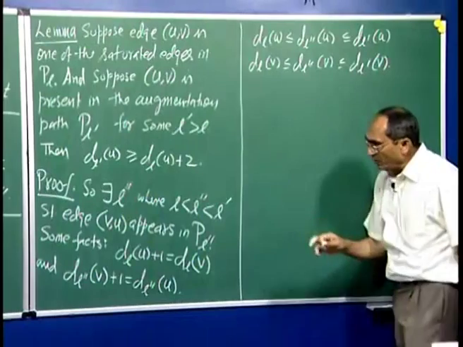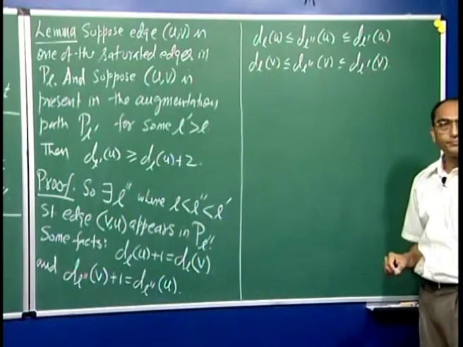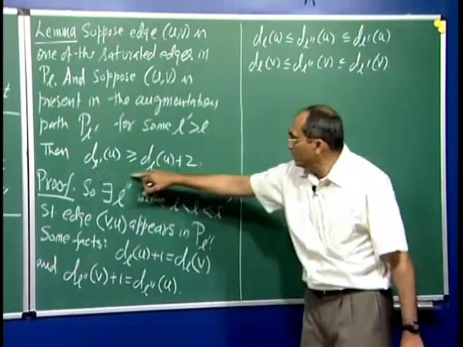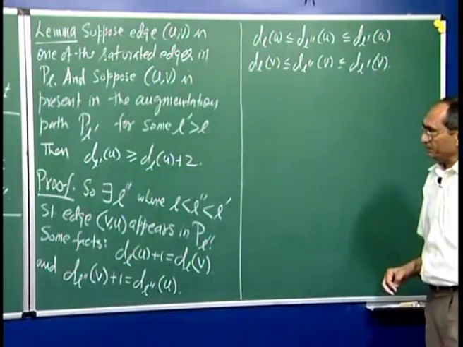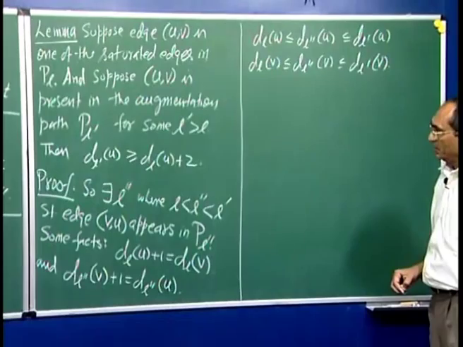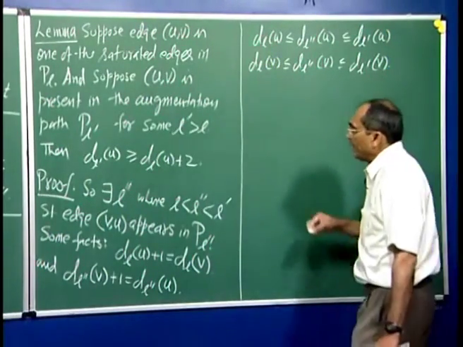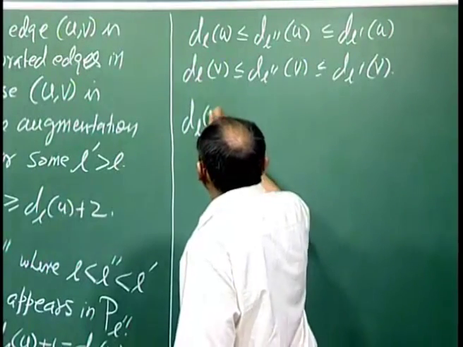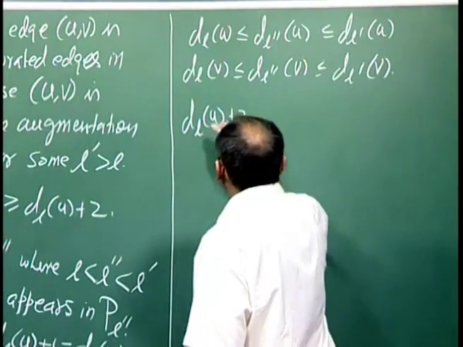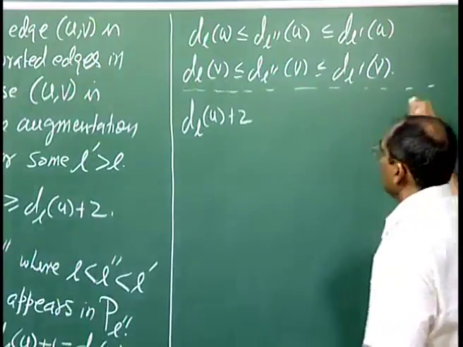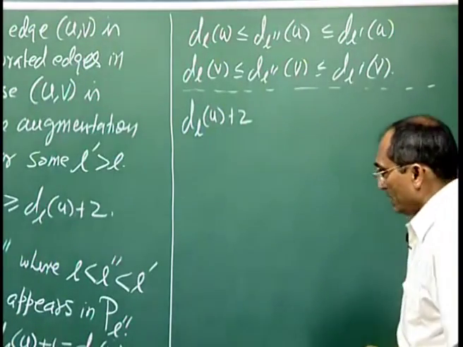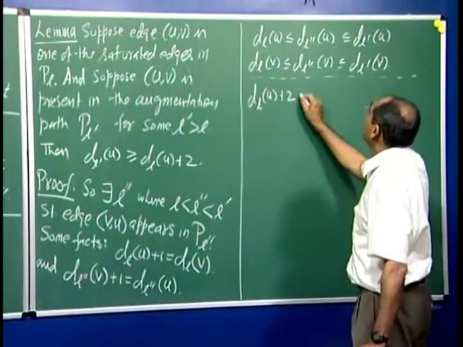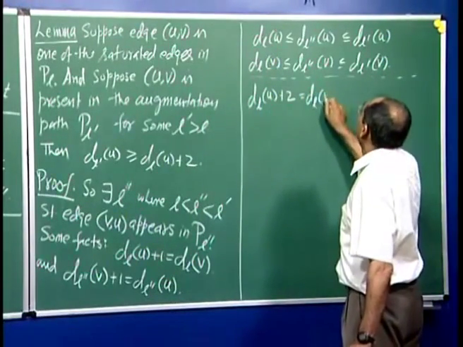We have these 4 facts with us. What do we want to prove? We want to show this inequality. So let us say we look at the value of dL(U) plus 2. dL(U) plus 1 is dL(V). So this is equal to dL(V) plus 1.